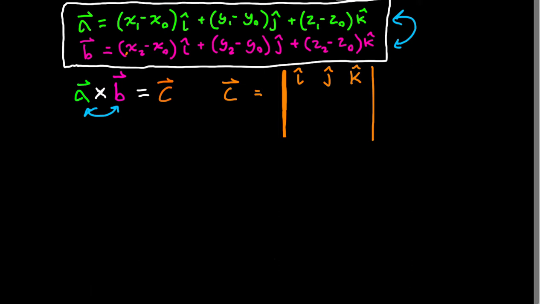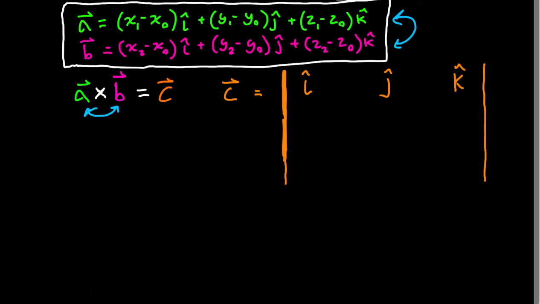And actually, I'm going to draw this a bit bigger. I should have drawn that a lot bigger, actually. So C, let's give this a whole screen. C is going to be this large determinant here, where our i components will be x1 minus x0 and x2 minus x0.